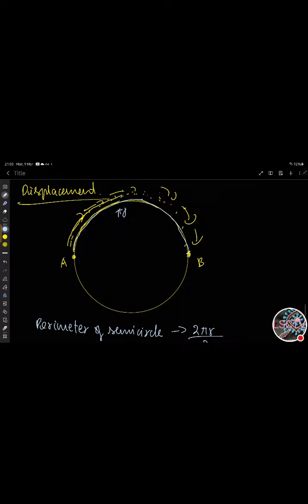Now, let's say you are my topper, you are my teacher, you are my idol. What route would you take to cover the shortest distance, so that you won't get tired, to go from A to B? What distance would you cover when you have to go from A to B?